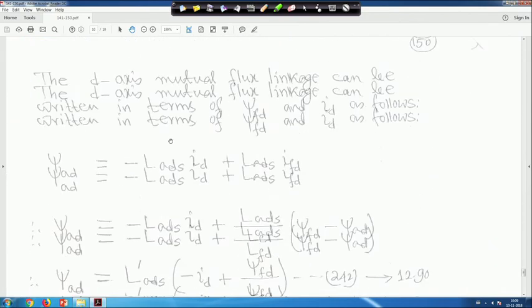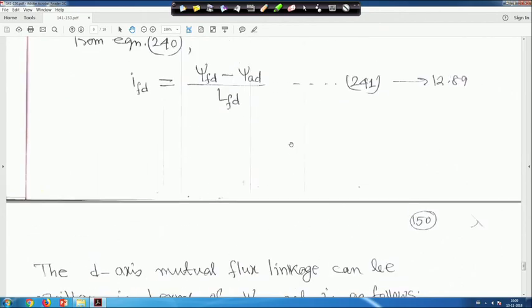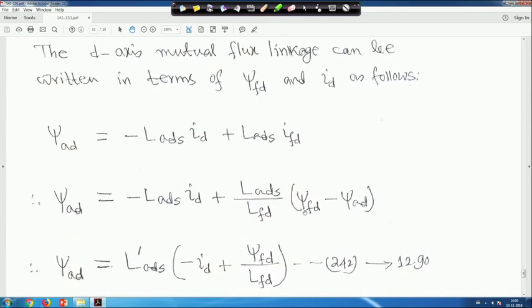So now, from this equation, the terms minus LADS ID and IFD, you substitute here, you put it here.